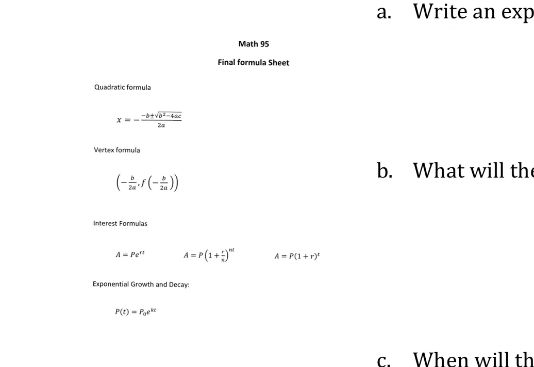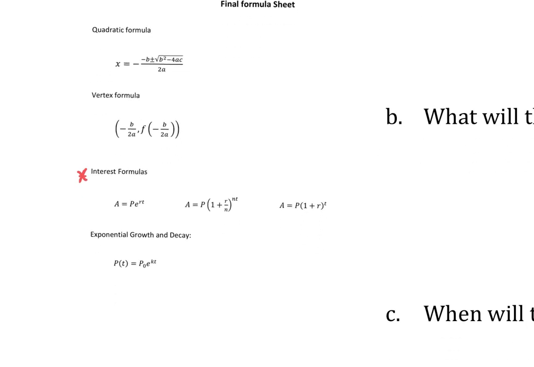For interest rates, we have these exponential formulas here. This is continuous compound interest. This is compound interest, and this is simple interest. This is our general exponential growth function. That's what we're going to use here.